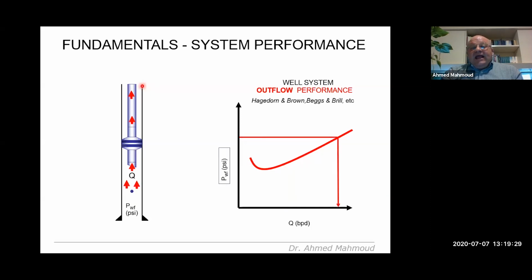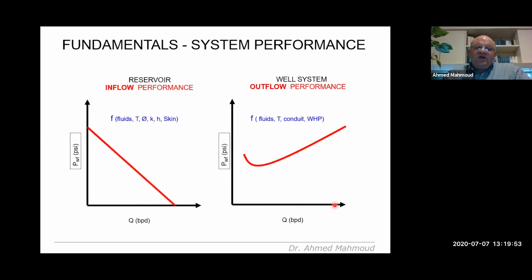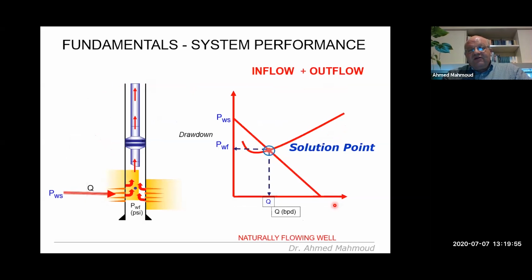Okay, and again, the same thing is applicable. I can be monitoring my Q in relation to my outflow. And at any point, I know my wellbore pressure, my pressure at sand face or inside the wellbore, I can then from the outflow identify my Q. Okay, so we have inflow and we have outflow, and when we put them together, the point of intersection is the magical point, which is called the solution point.